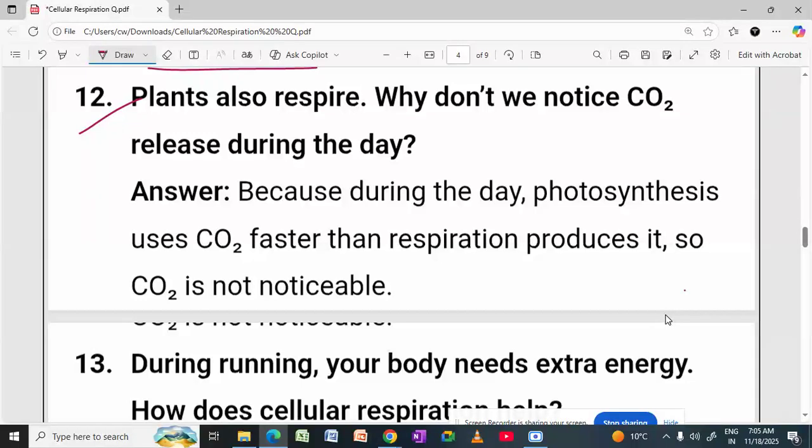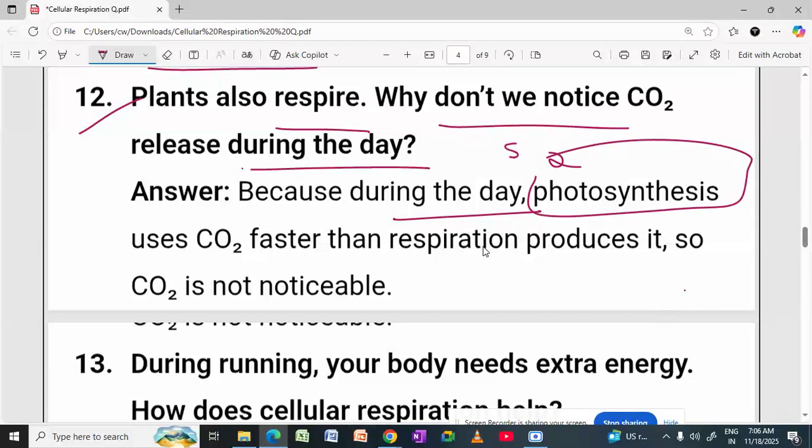Plants also respire. Why don't we notice carbon dioxide release during the day? Because during the day the photosynthesis process is happening, in which we know sunlight is required.